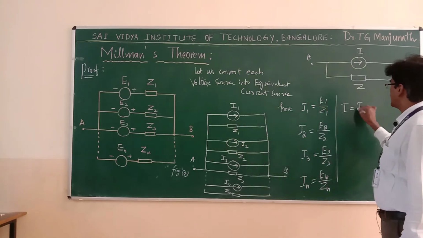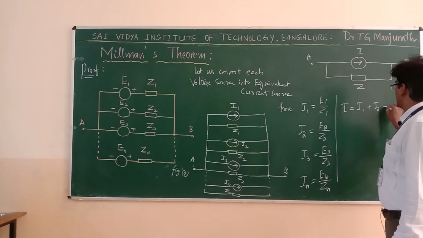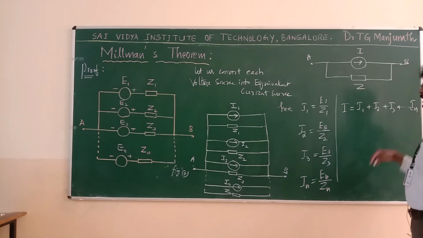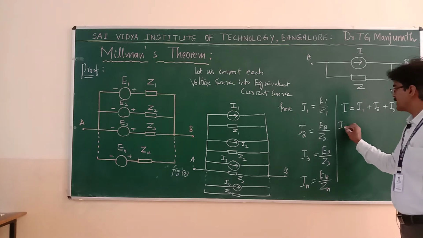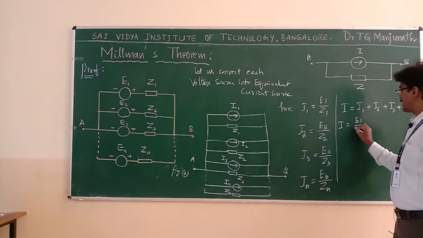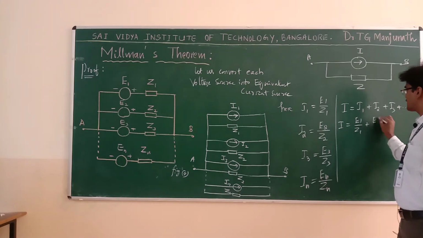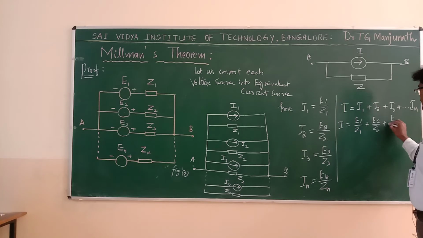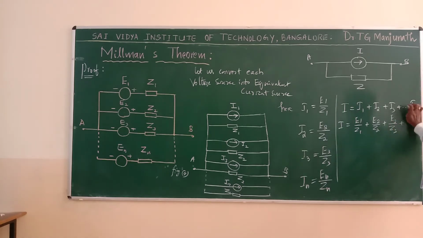So I1 plus I2 plus I3 etc. In. Substituting, I is equal to E1 by Z1 plus E2 by Z2 plus E3 by Z3 plus etc. En by Zn.